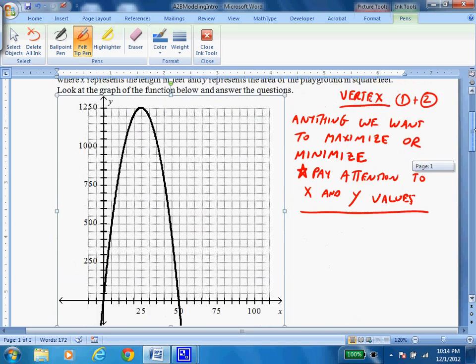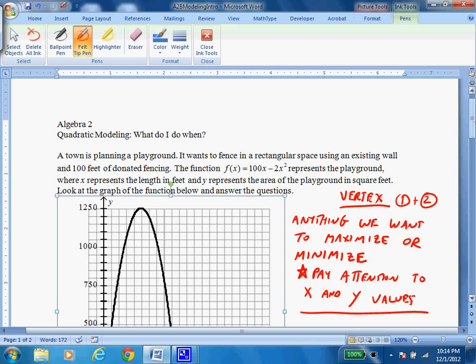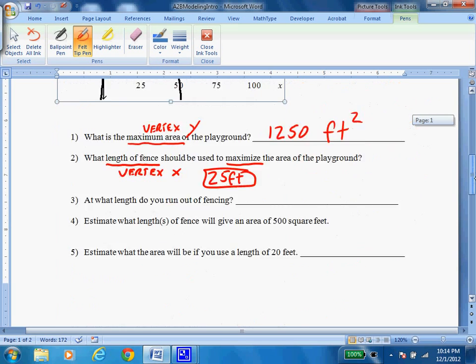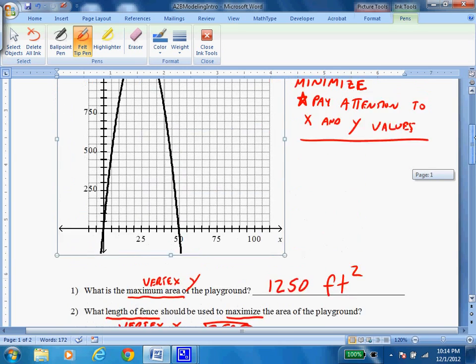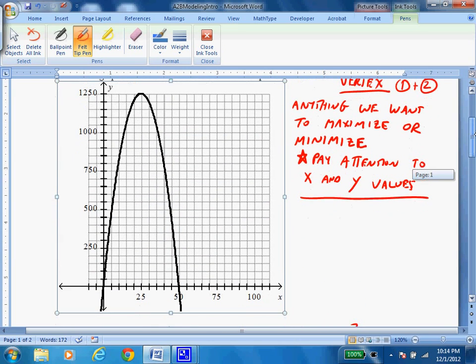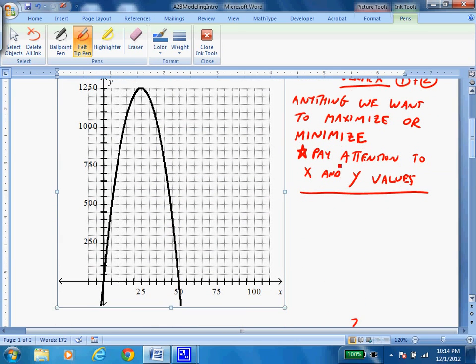And again, going back to our variable definition, we know that x represents the length in feet. So since we're given 20 feet, that tells me that x equals 20. Therefore, 20 is my input value, and I'm going to put it into the function.